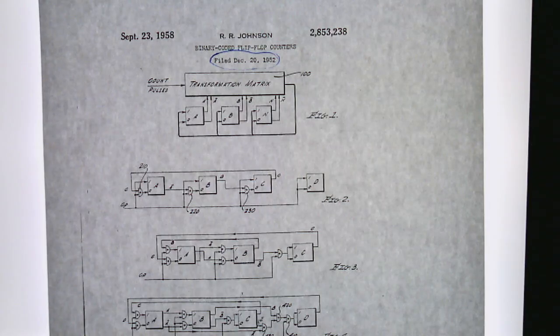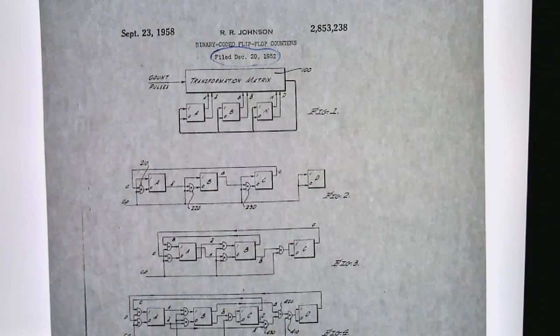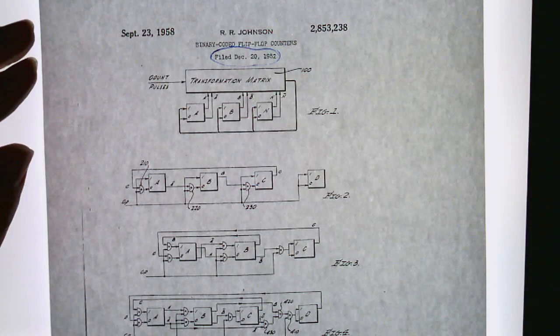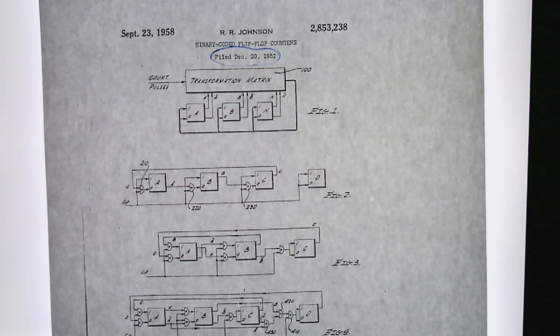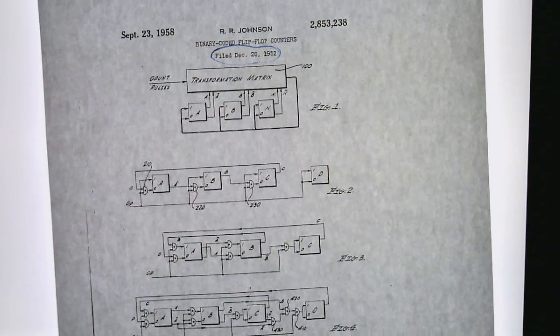Well, can people see the Robert Johnson patent or not? Yes. All right. So for some reason, Zoom won't let me switch to full screen mode so I can see myself in Zoom.